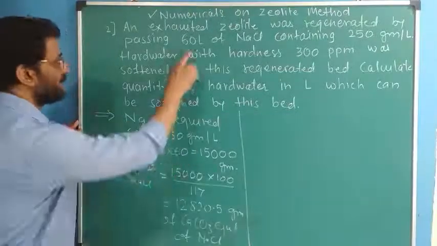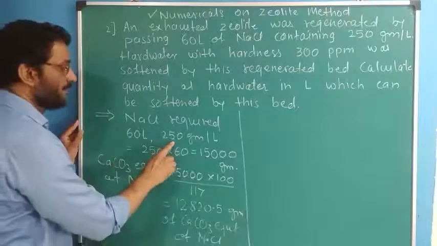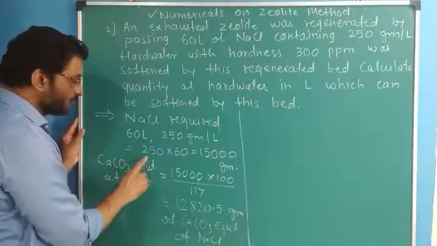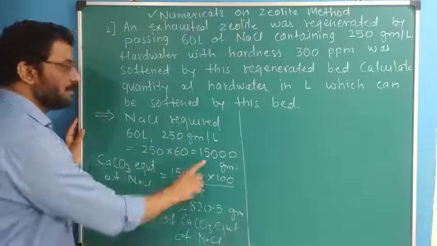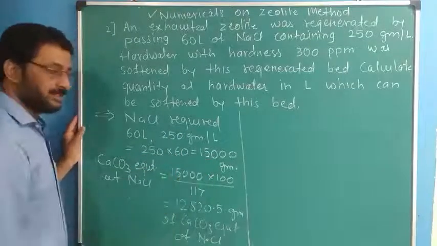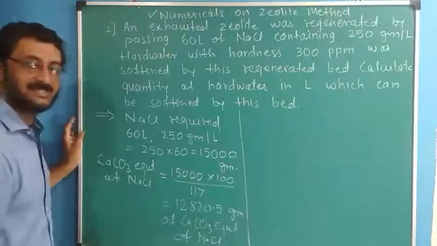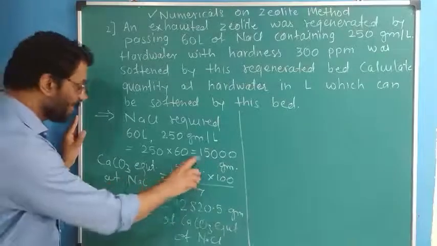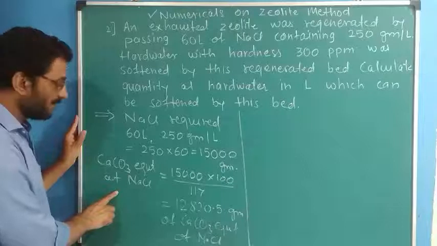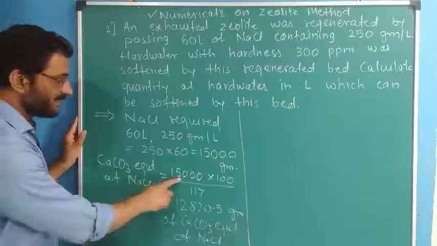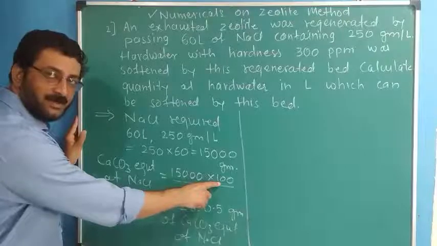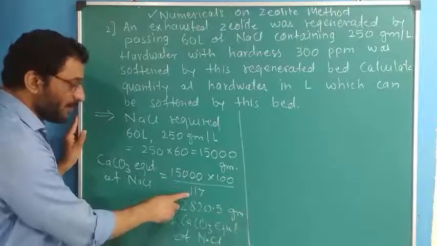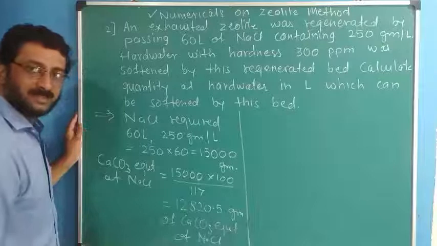Easily we can do that. NaCl required is 60 liters, per liter 250 grams. So total NaCl will be 250 into 60, 15000 grams of NaCl is required. Take that in the form of CaCO3 equivalent. Weight of NaCl into 100, that is the molecular weight of CaCO3, divided by the molecular weight of NaCl.